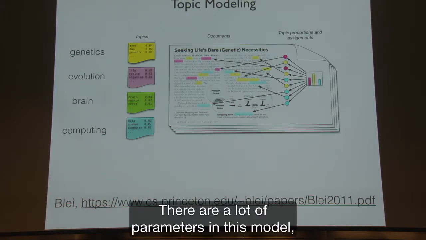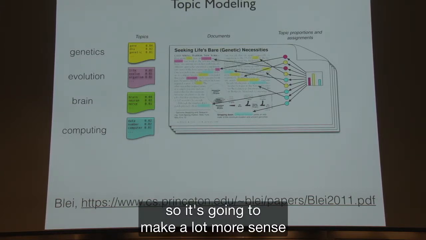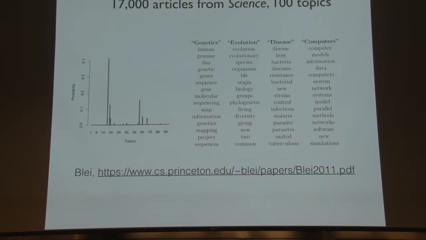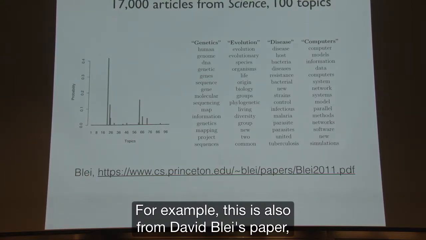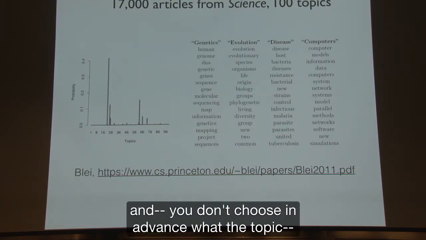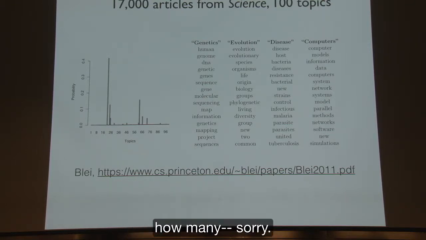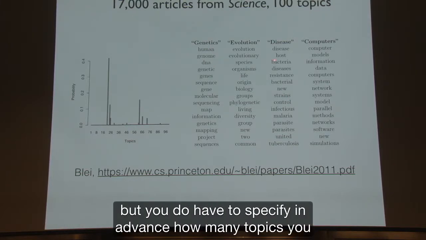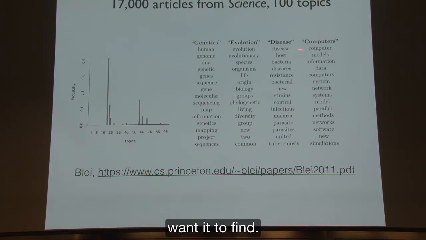There are a lot of parameters in this model, so it's going to make a lot more sense if you have a large collection of documents, like, for example, this is also from David Blei's paper. He took 17,000 papers from the journal Science, and you don't choose in advance what the topics are going to be, but you do have to specify in advance how many topics you want it to find.